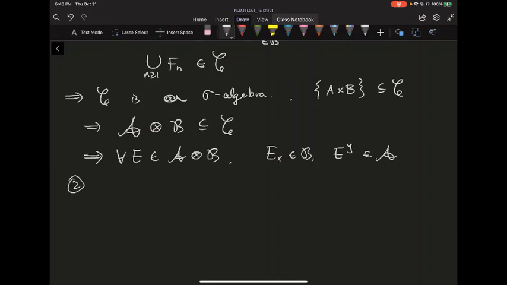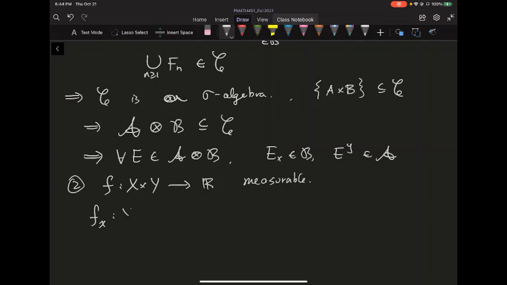So let's look at this. If you have an f going from X cross Y to, let's say, the reals, and it's measurable, let's consider whether f_x is measurable.